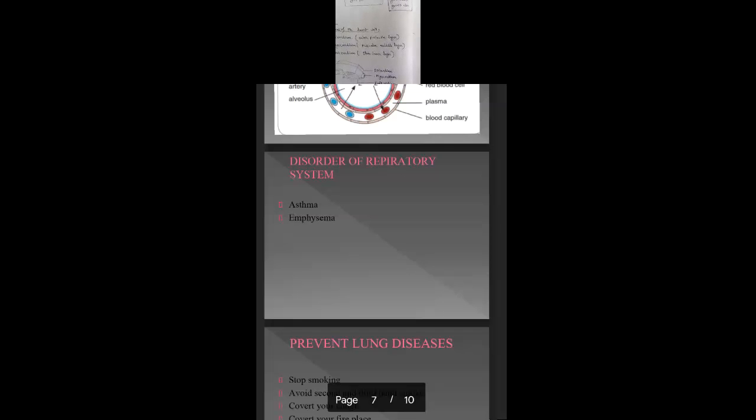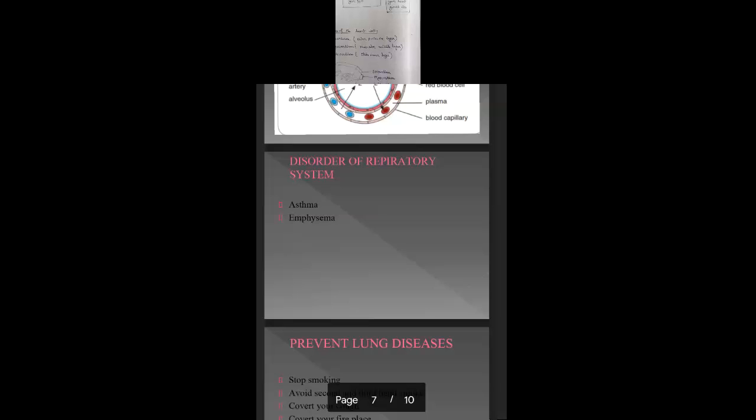Epicardium is the outer protective layer, myocardium is the muscular middle layer, and endocardium is the thin inner layer. Location: the heart lies in the thoracic cavity in the mediastinum, the space between the two lungs.